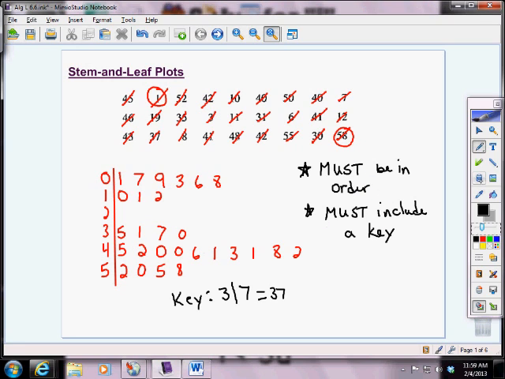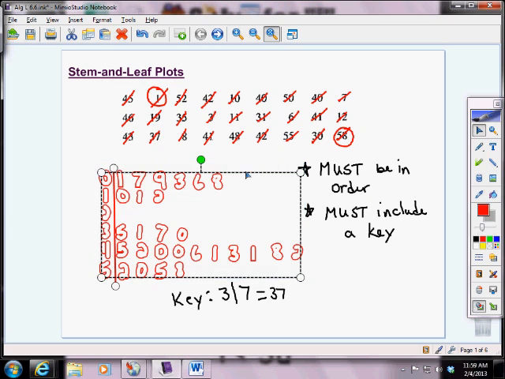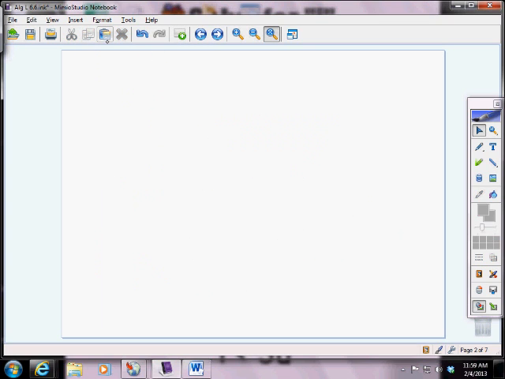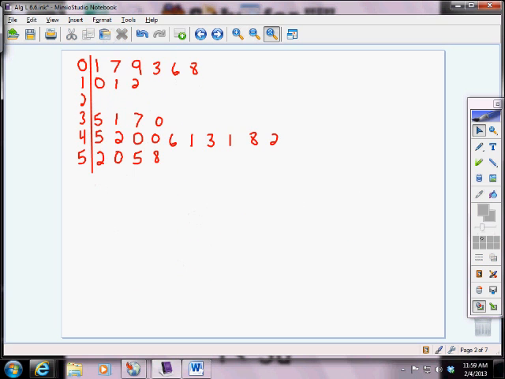But again, it must be in order. So if you have an unordered stem and leaf plot, it should be pretty easy to make an ordered stem and leaf plot. This is what I mean. Your stems are going to stay the same: 0, 1, 2, 3, 4, and 5.